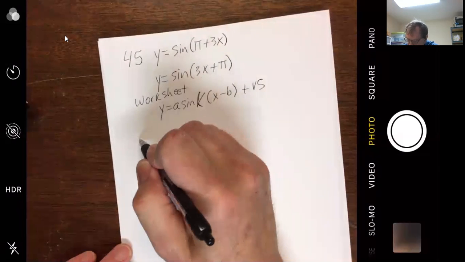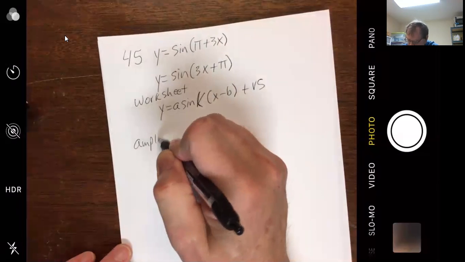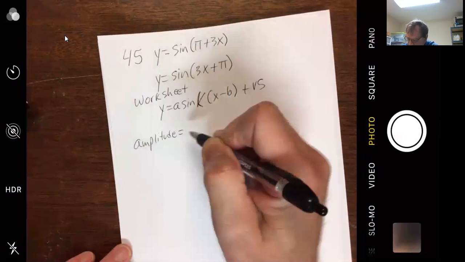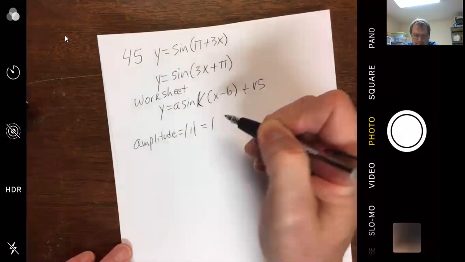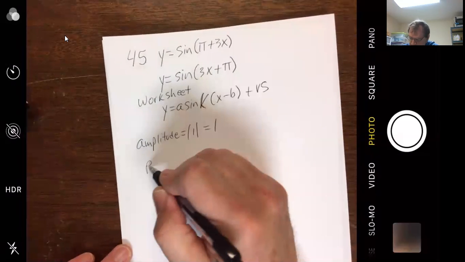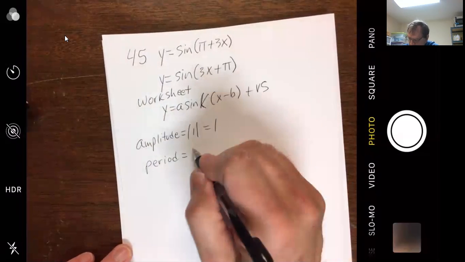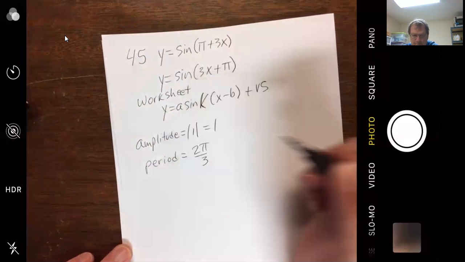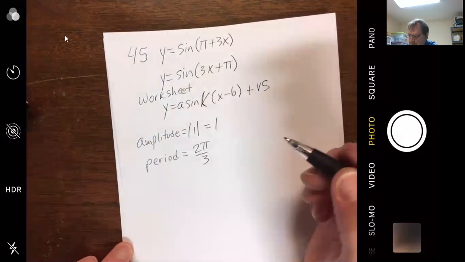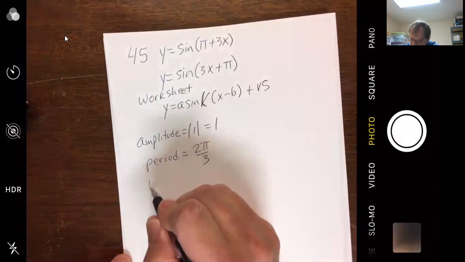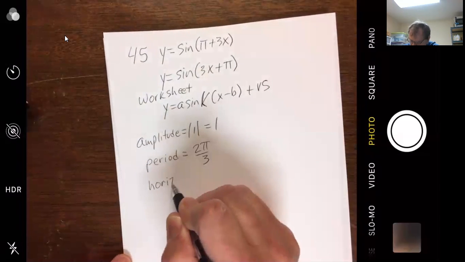Okay, worksheet, amplitude. Tell is absolute value of 1, which is 1. Period. 2 pi over the 3. Nothing you can really do to reduce that. Horizontal shift. This is where it gets tricky.